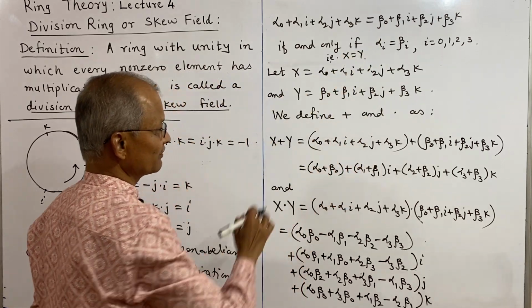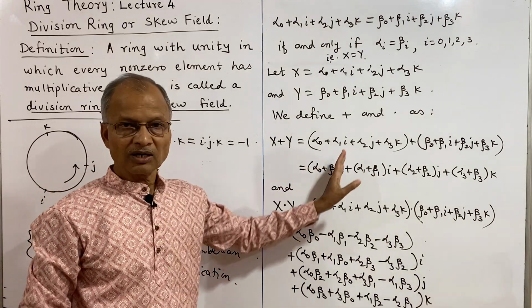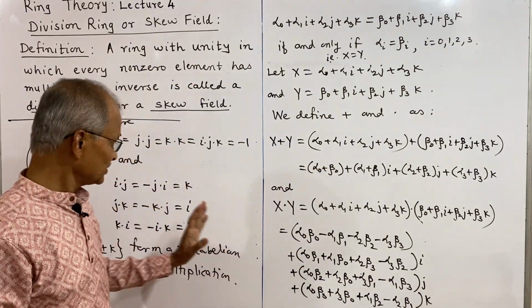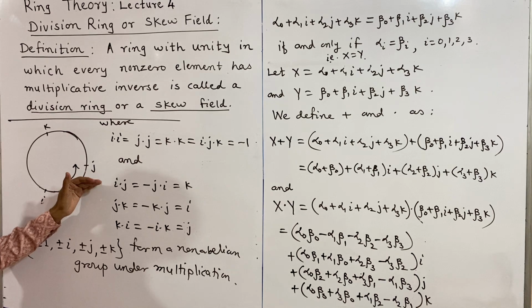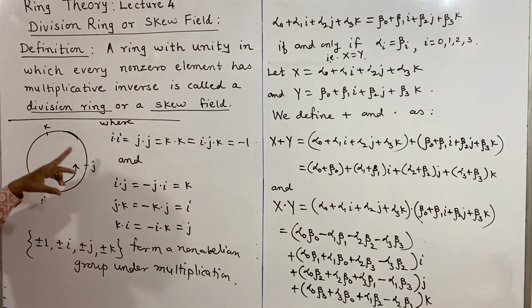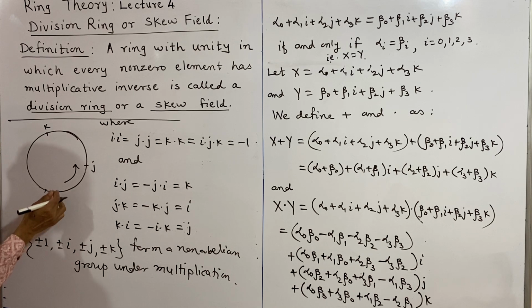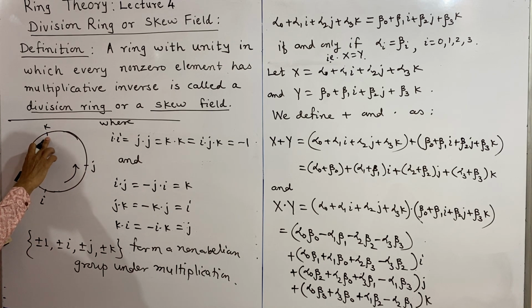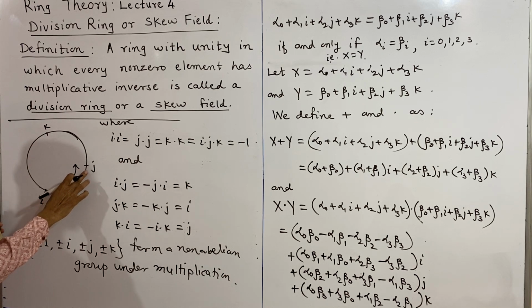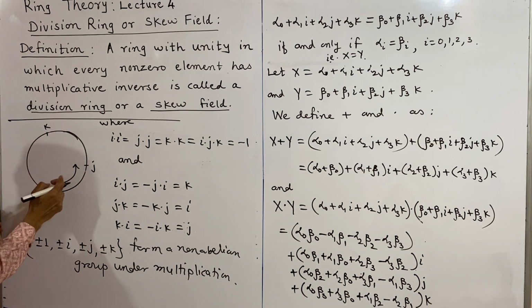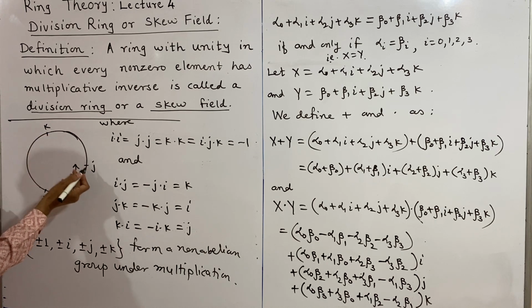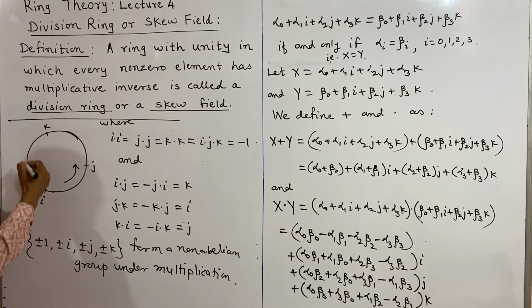Now the addition is defined as corresponding components are added, and here multiplication is defined with the help of this order. The rotation is important. In clockwise rotation the multiplication is taken to be the next imaginary number positive. i dot j is k. So I have denoted this rotation clockwise. i dot j is k, j dot k is i, k dot i is j.